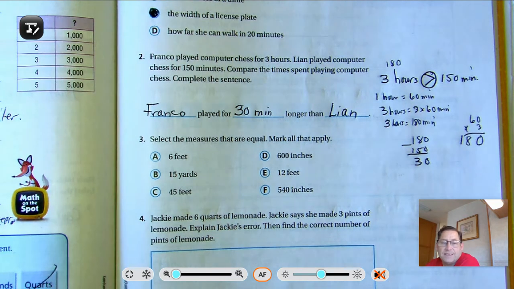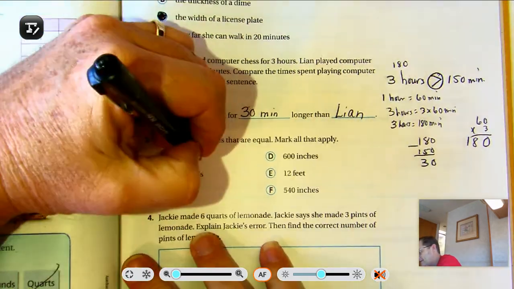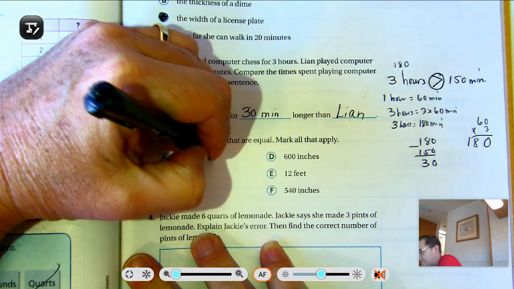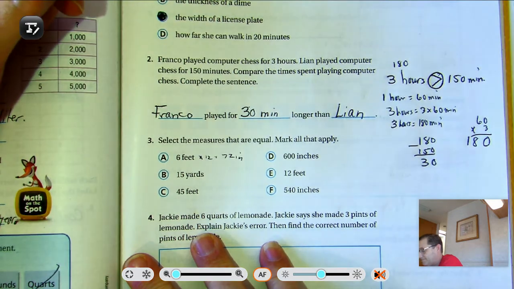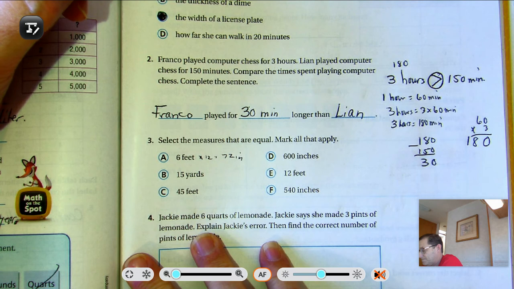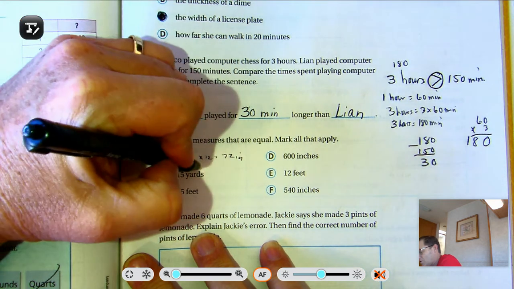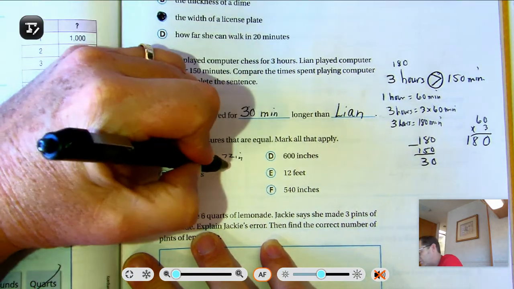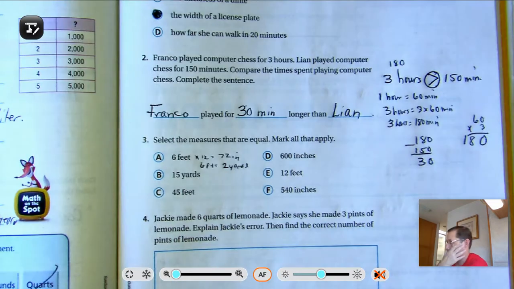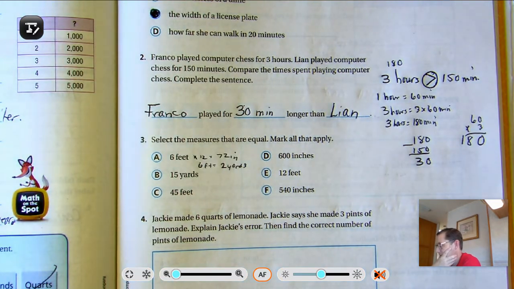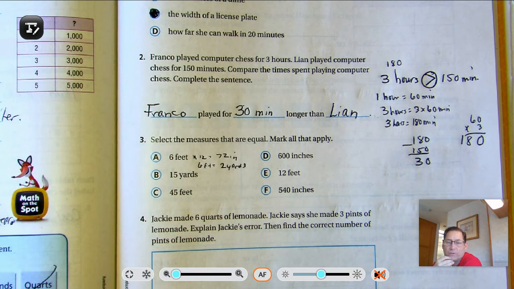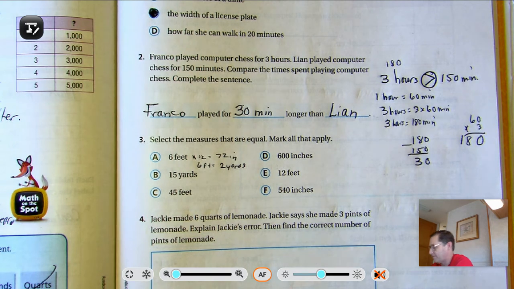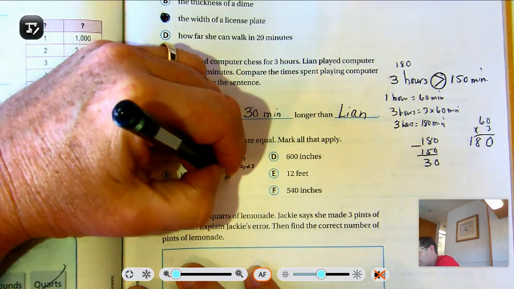Number 3, select the measures that are equal. Mark all that apply. All right, 6 feet. 6 times 12 is 72 inches. 6 feet is also equal to 3 feet per yard, so it also is equal to 2 yards. Okay. So I'm not seeing anything that would be equivalent there. 15 yards. 15 yards times 3 feet per yard.